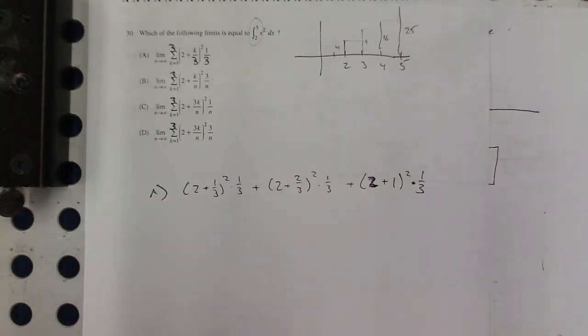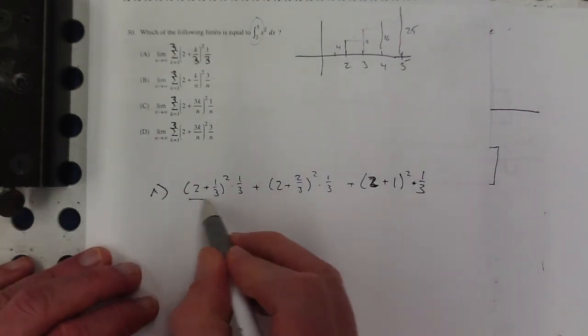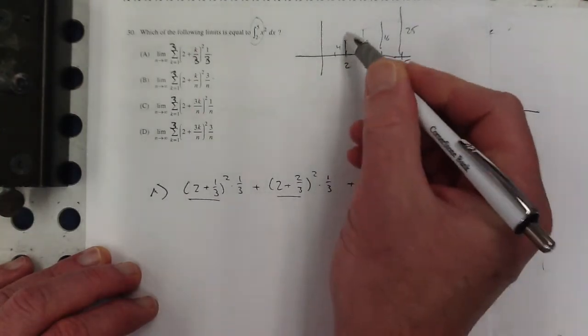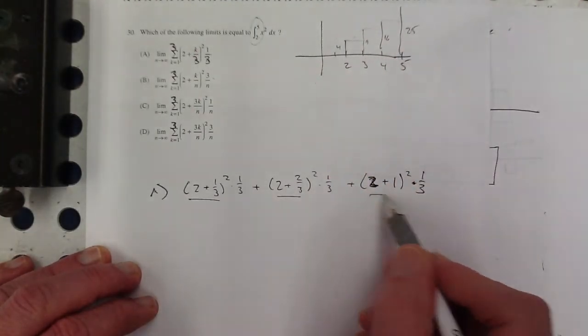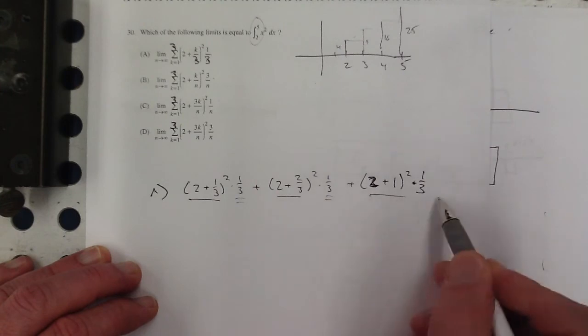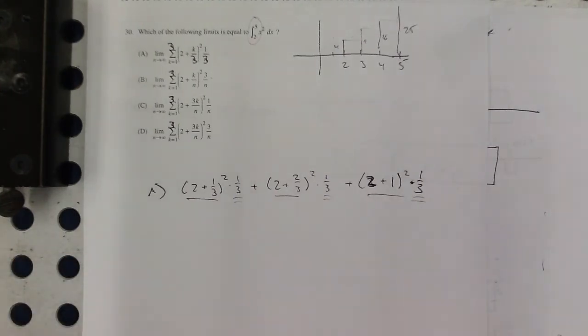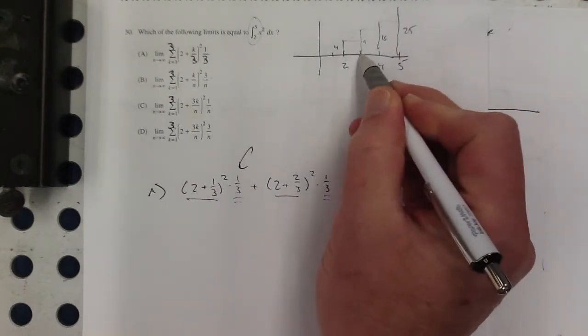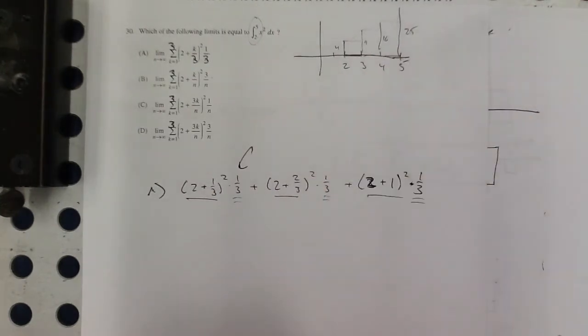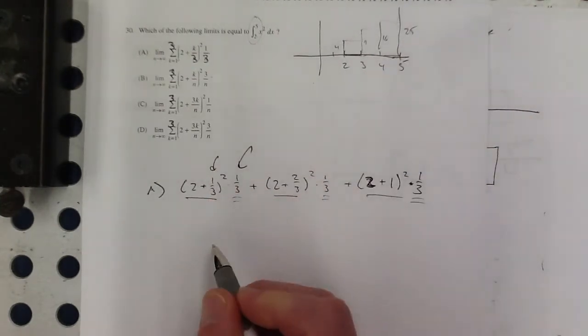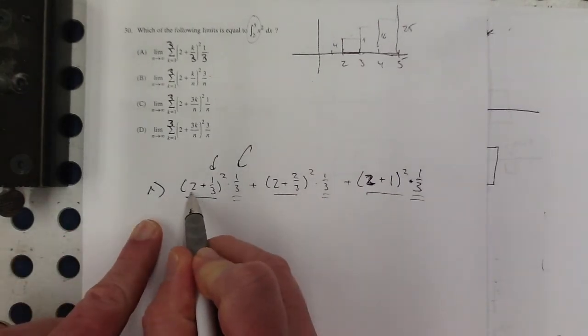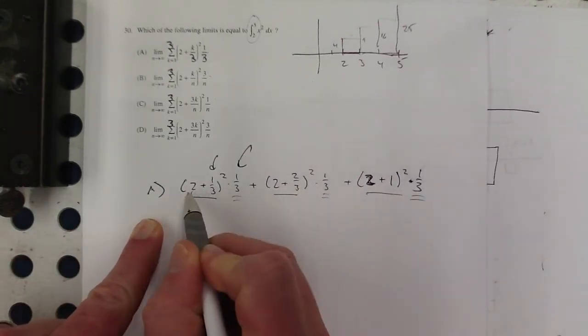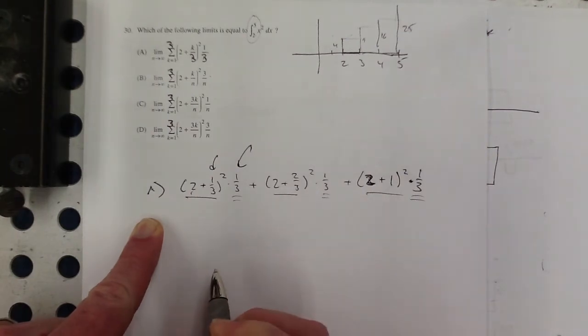Now that I see that, maybe we can see what's going on, right? This is trying to be the height of a rectangle, plugging something in, and this is trying to be the width of a rectangle. But this one really messed up, because this really needs to be 1 for the width of my 3 rectangles, and we would need to be plugging in 3, 4, and 5, not 2 1/3, 2 2/3, and that.